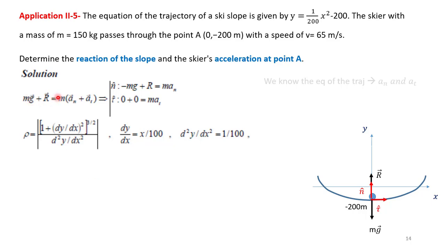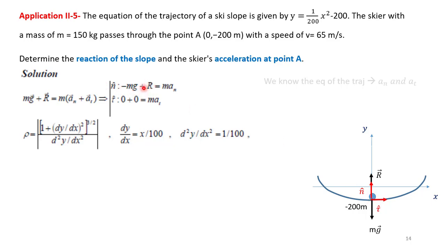So to know what is the magnitude of r, we have to project the fundamental relation of dynamics along the normal unit vector. So along the normal unit vector, we have mg. The vector mg has only a component along the normal unit vector. It's equal to minus mg. So the projection of mg along the normal unit vector is minus mg.